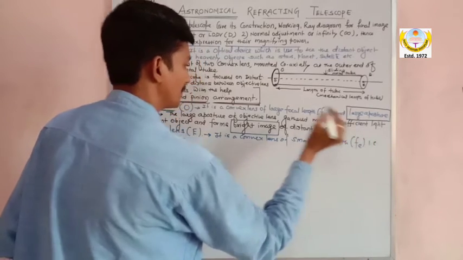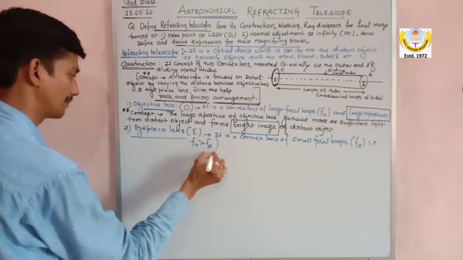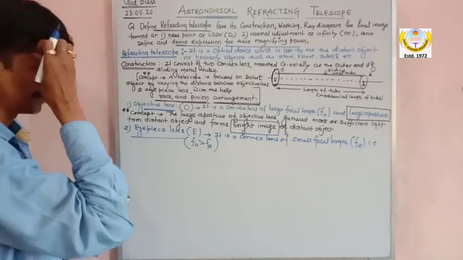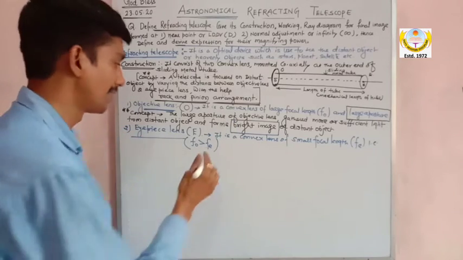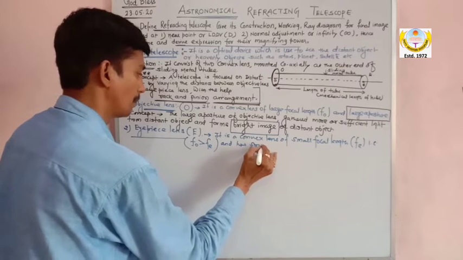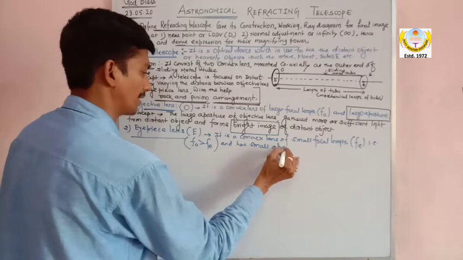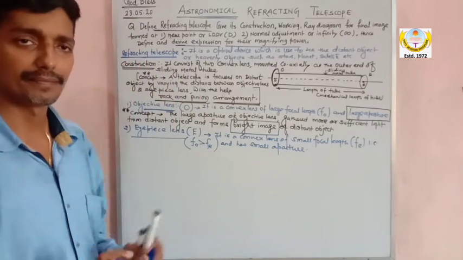That is, FO is greater than FE. The focal length of the objective lens is more than the focal length of the eyepiece lens, and the eyepiece has a small aperture. Focal length is also small and aperture is also small. That's all.